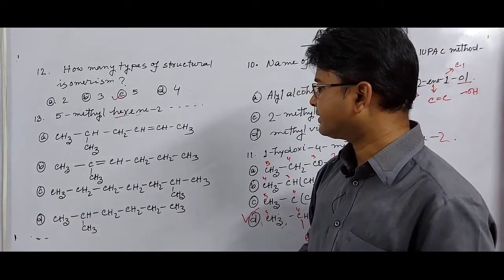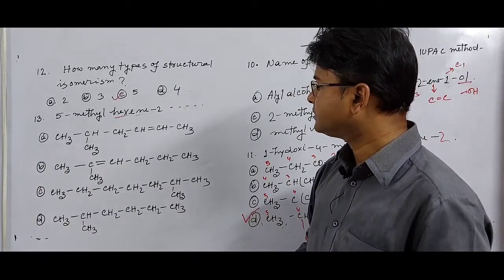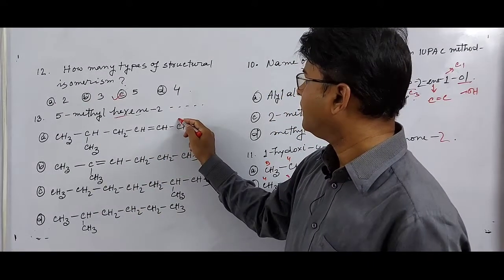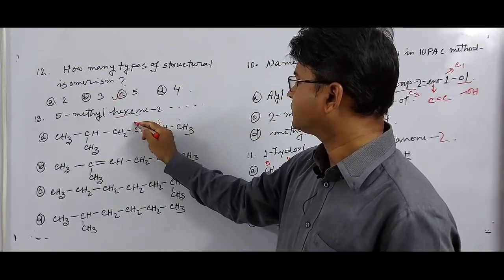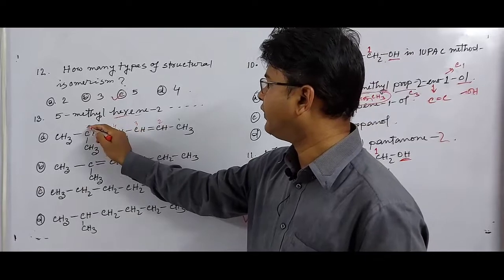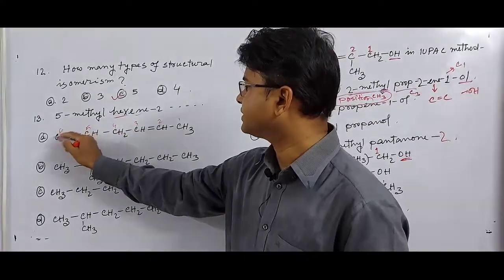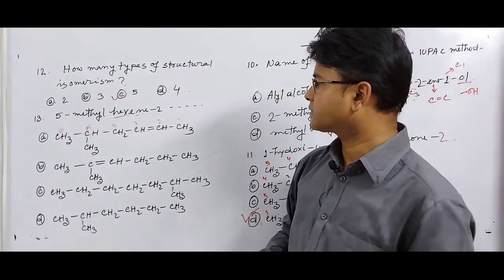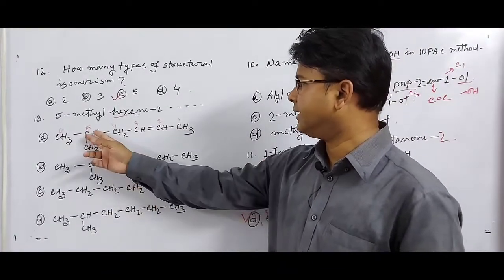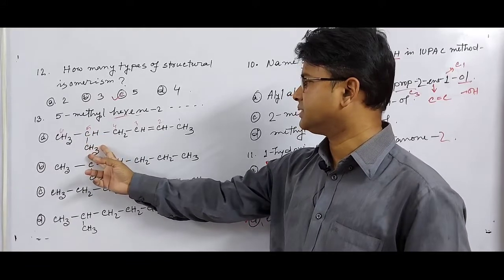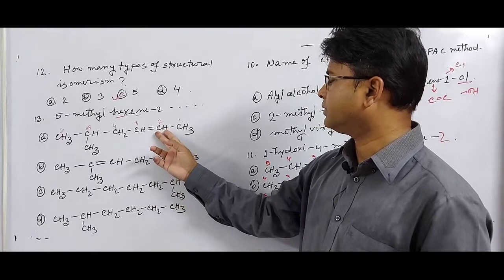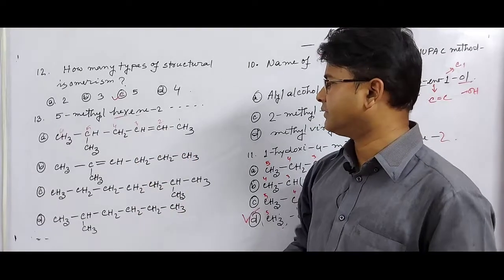Dear students, if you look at option A, we will see that at the 5 position there is a methyl group, and at the 2 position there is a carbon-carbon double bond.